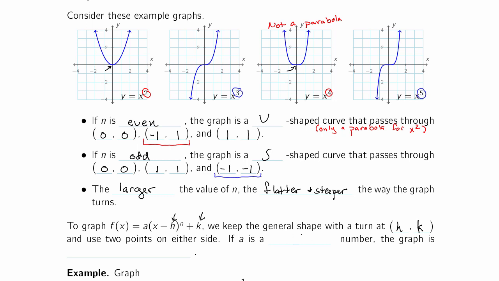And the other thing that we need to keep track of is that if a is a negative number, then the graph is upside down. So to keep track of that, and also how wide and flat it is, we'll put our turn at h, k, and then we'll use 2 points to either side of that in order to draw our graph. Okay, so let's draw one of these.